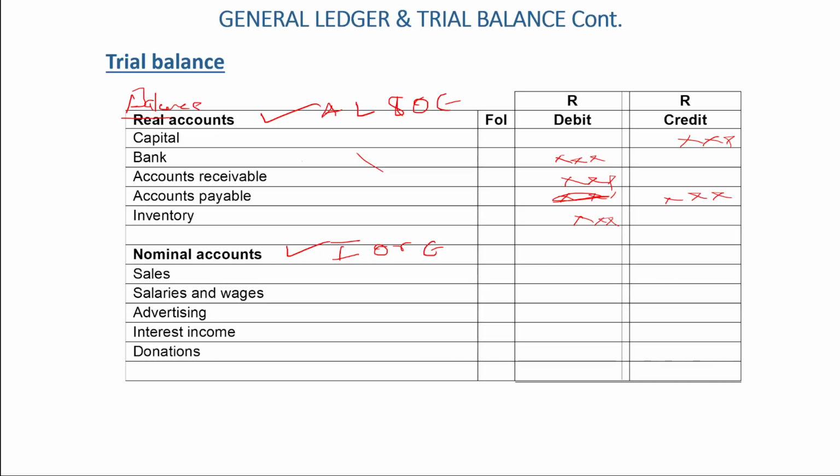When it comes to income and expenses, all income increases on the credit side, so we expect your income to be on the credit side and all the expenses on the debit side. Interest income is an income, so it increases on the credit side. And donation, depending on the type: if it's donation received, it's going to be on the credit; if it's donation paid, it's going to be sitting on the debit since it's an expense.